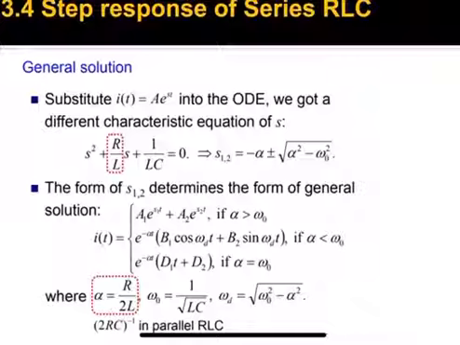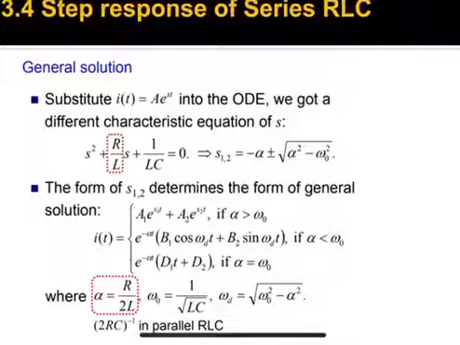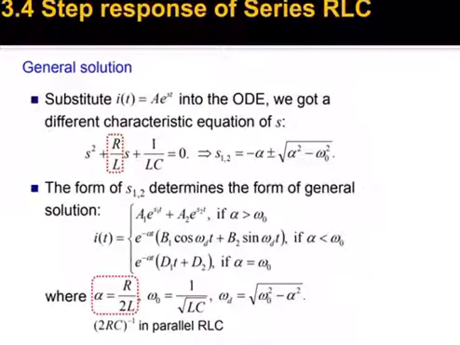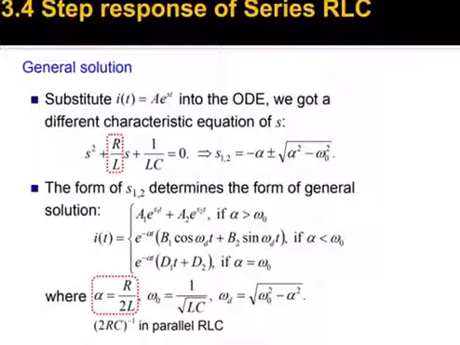Okay, this is the general solution. Now we substitute i(t) equals A e^(st) into the ODE, and we get the characteristic equation in s, which gives you s squared plus R over L s plus 1 over LC equals 0. And the form of s1, s2 determines the form of the general solution.